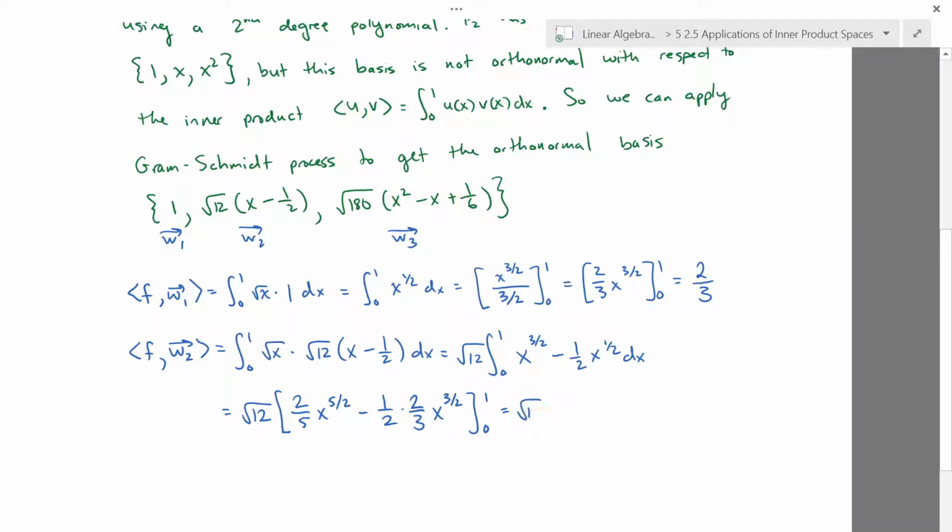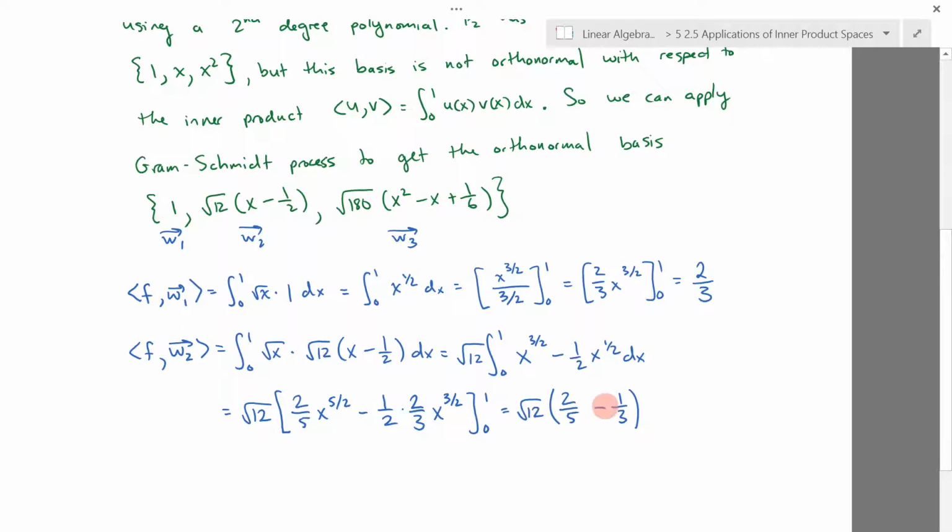So square root of 12 is outside. If you plug in 1 here, you get 2/5. Then plug in 1 here, this is just 1, so 1/2 times 2/3 is 1/3. And if you plug in 0, this is 0 and this is 0, so the whole thing is 0.